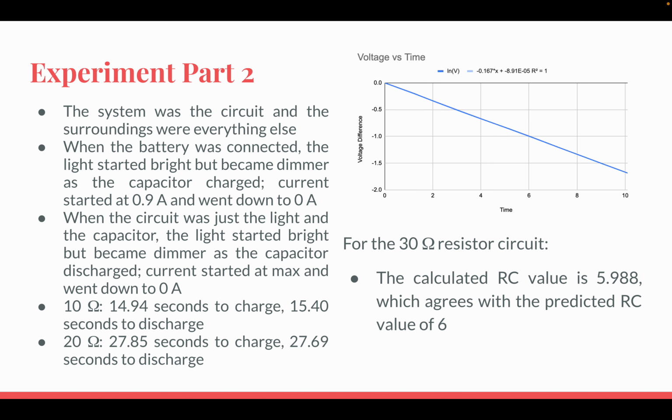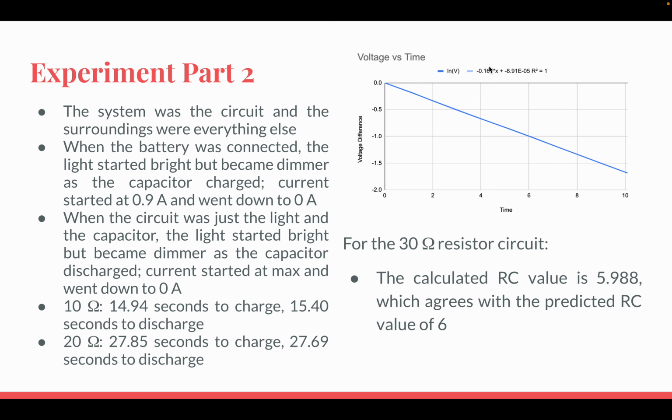With the 10 ohm resistor, it took 14.94 seconds to charge and 15.4 seconds to discharge. And with the 20 ohm resistor, it took 27.85 seconds to charge and 27.69 seconds to discharge. And for the circuit with the 30 ohm resistor, the calculated RC value was 5.988, which agrees with the predicted RC value of 6.